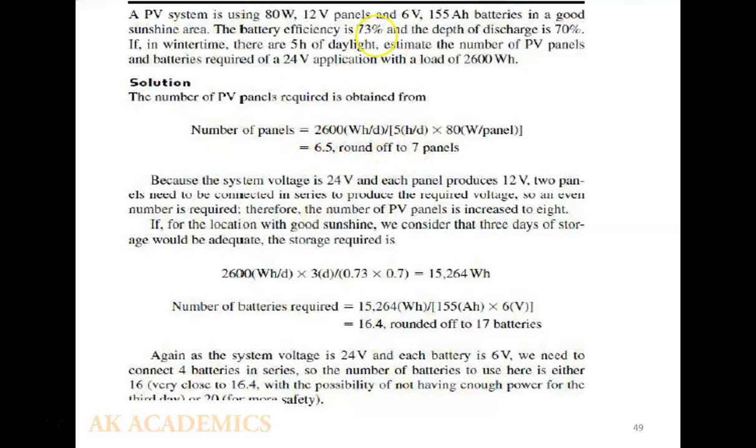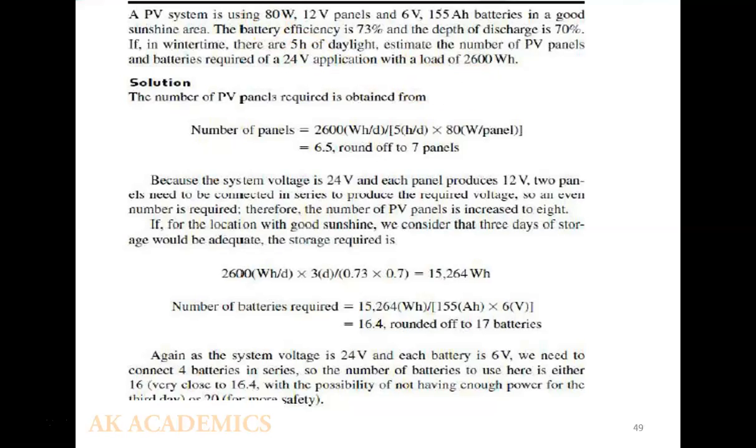All right. Now the number of panels required is going to be obtained as follows. We know the total load, which is 2600 watt hours, divided by, first of all, a PV system using 80 watt and 12 volt panel. Now that 80 watt multiplied by total duration will give us the total energy that the PV can supply.